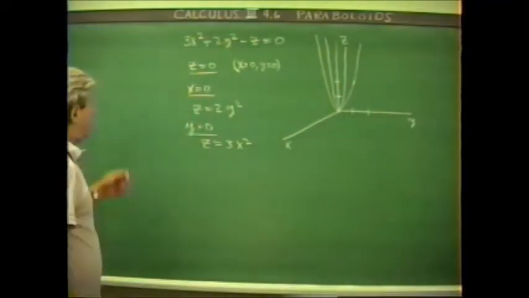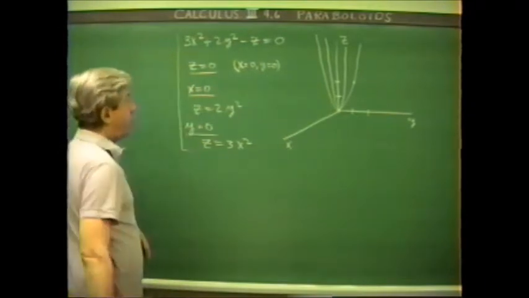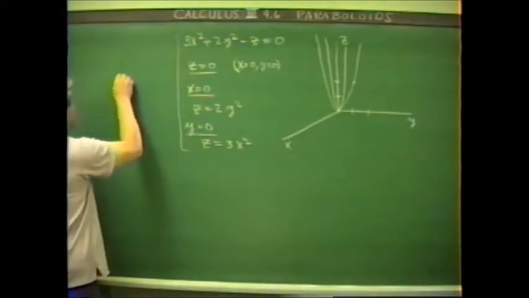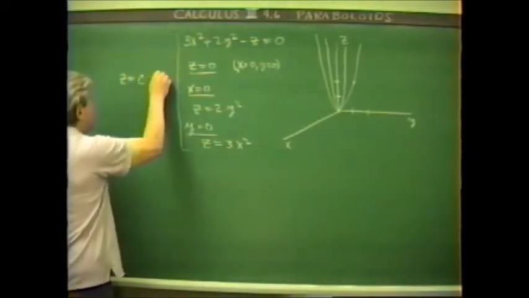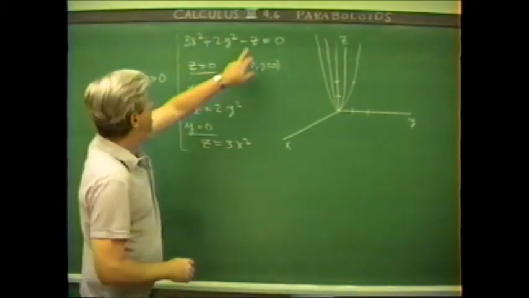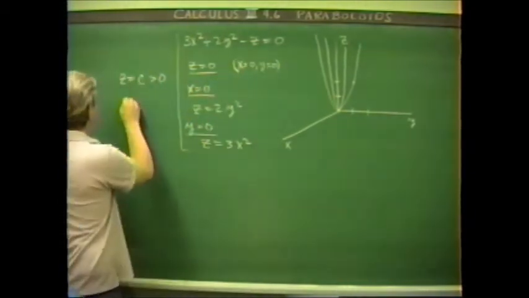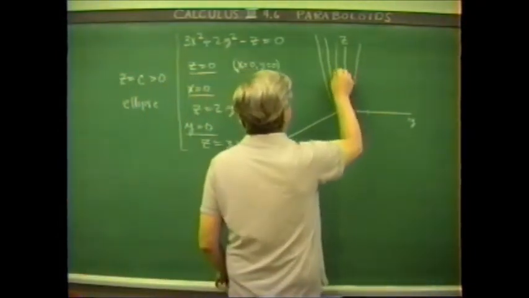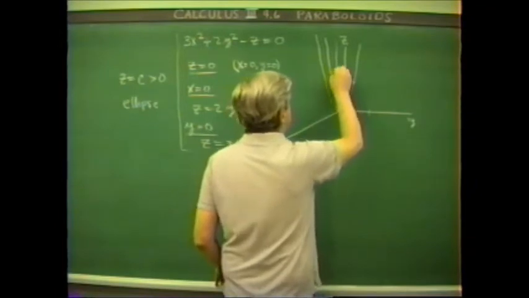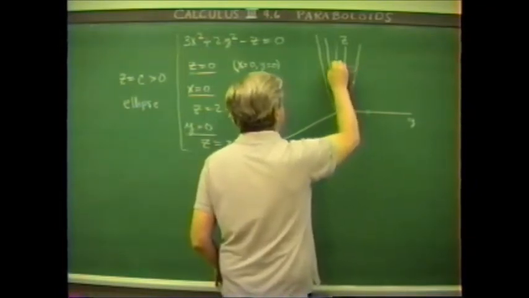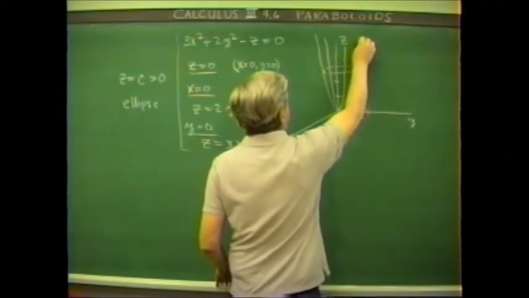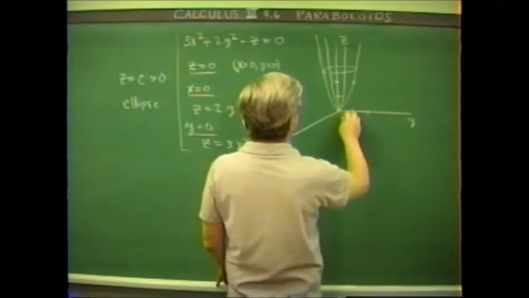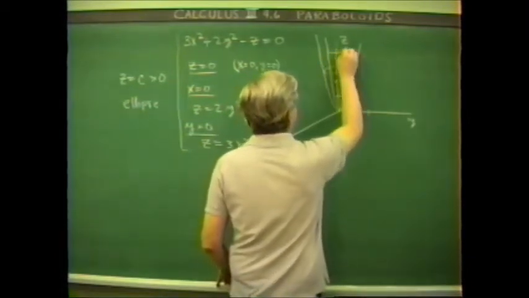So these are the 3 traces, and now it's going to be worthwhile to consider the basic trace through z equal to a constant, when the constant is greater than 0, and we find that when z is a constant greater than 0, what we have is an ellipse. So this will allow us to draw this, as to say, looks something like this, up here, like this.